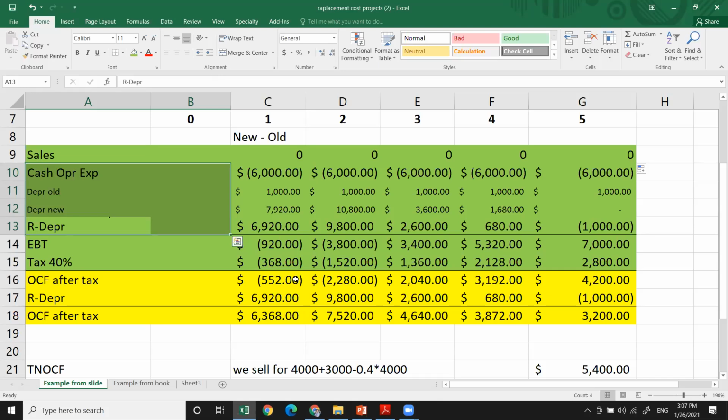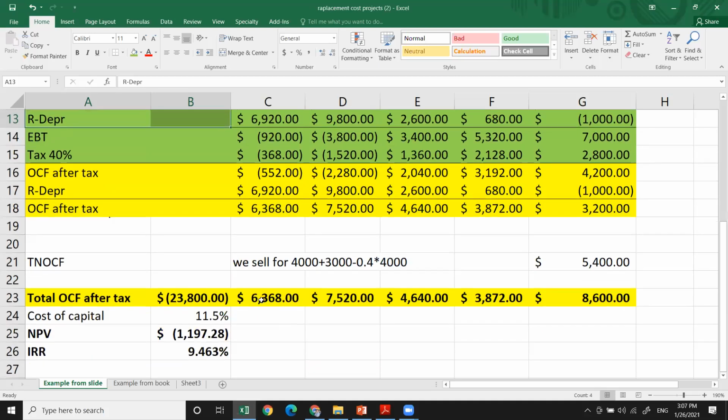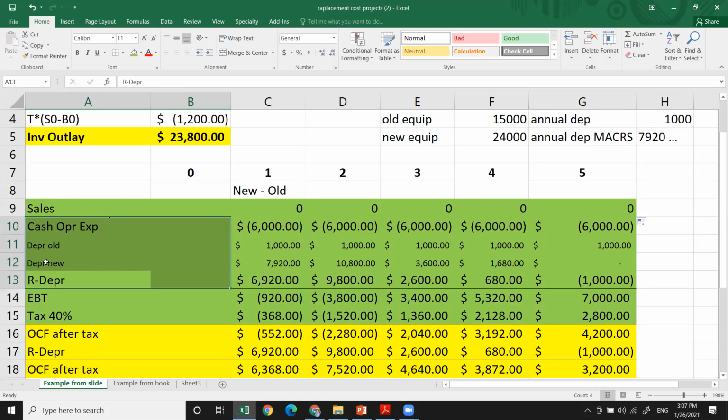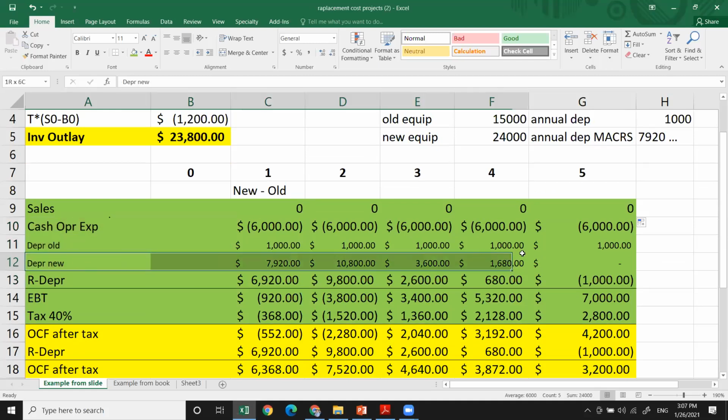Okay, another task for you, I would like to give you an activity to do now. Do the same example, but change the depreciation for the new equipment, make it straight line depreciation, and see how the NPV will change then. If you finish with your questions, then I will ask you to do the following.